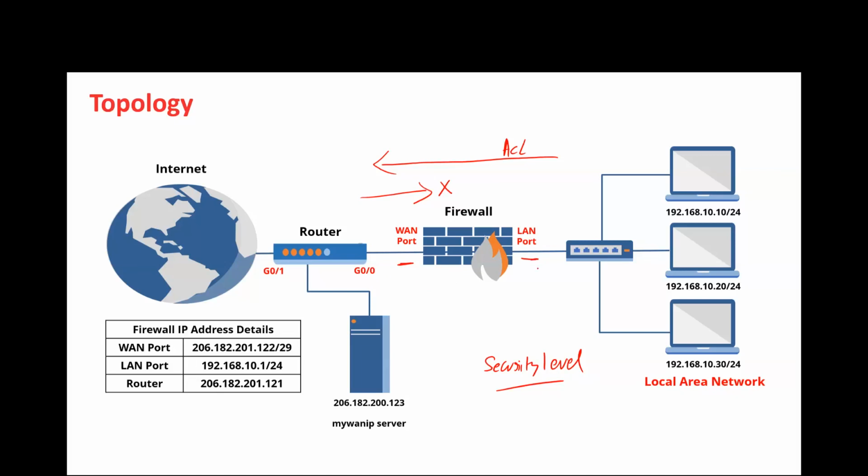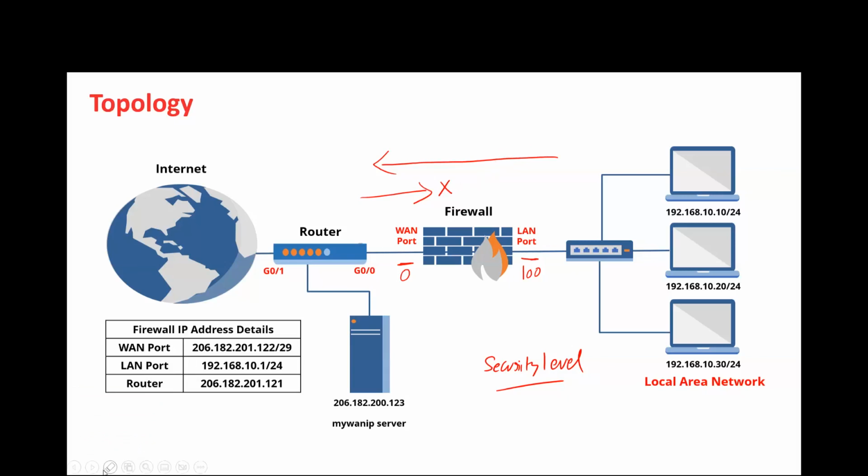And Cisco's recommendation is security level 100 on the LAN interface, security level 0 on the WAN interface. And Cisco says you don't need an ACL.